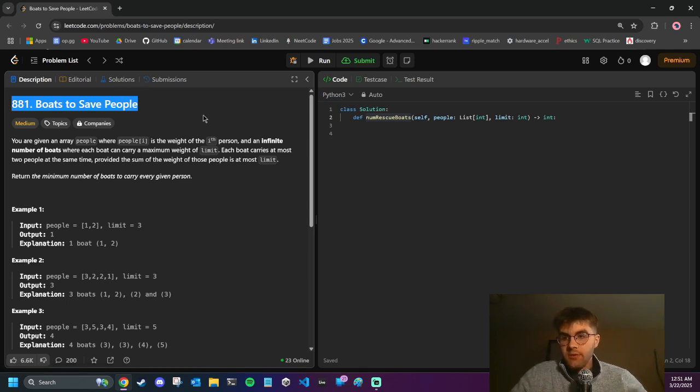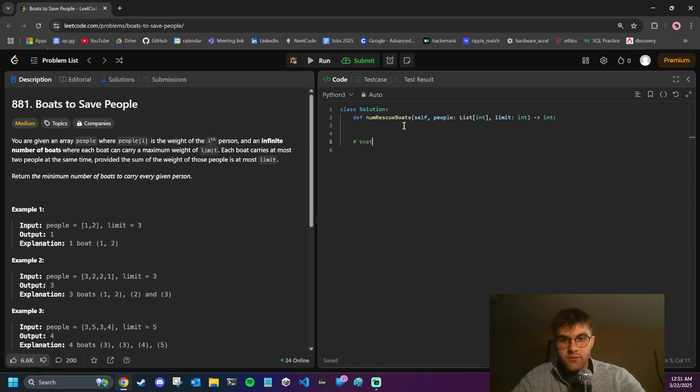Boats to save people. So we're given an array people, which is the weights of every person, and an infinite number of boats, where each boat can carry a maximum weight of limit. Each boat carries at most 2 people at the same time, provided the sum of the weight of those people is at most limit.